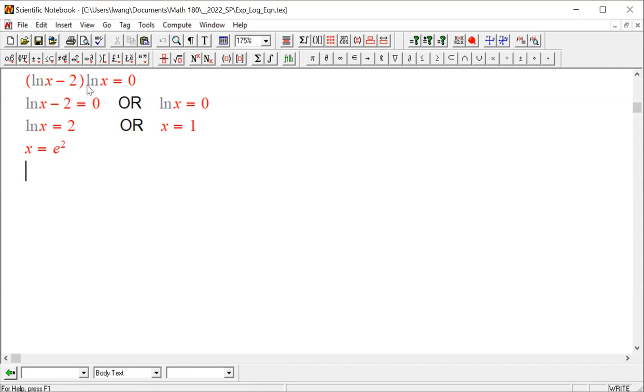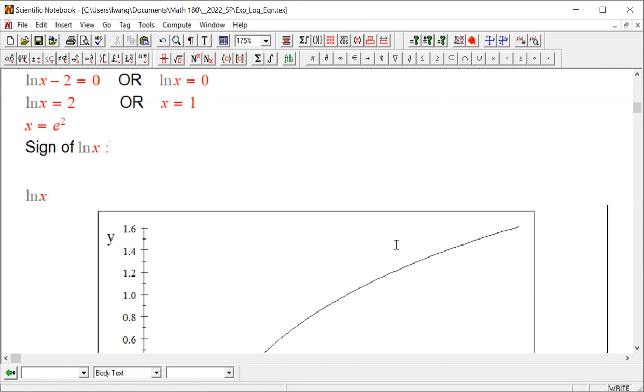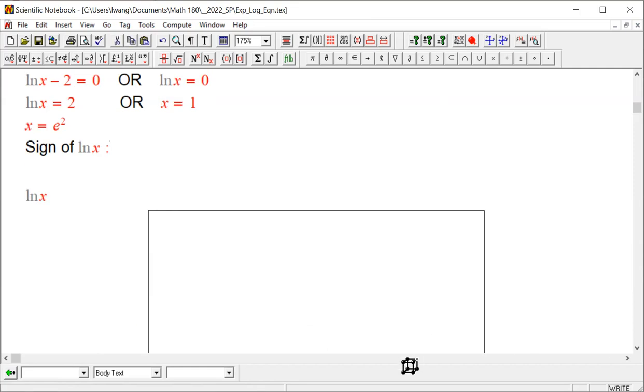So regarding the sign change, let's start with ln x, the sign of ln x. I also want to put the picture for you as a reference. Okay, ln x picture we're pretty familiar with, right? ln x picture is like that.